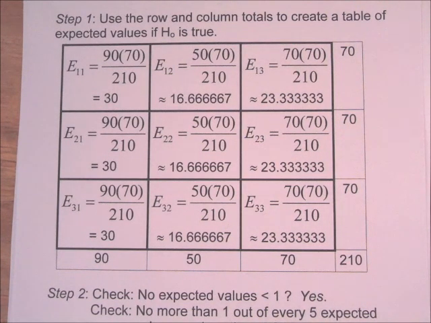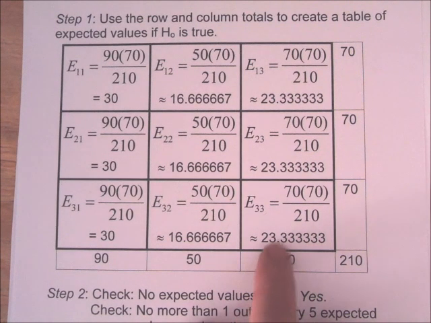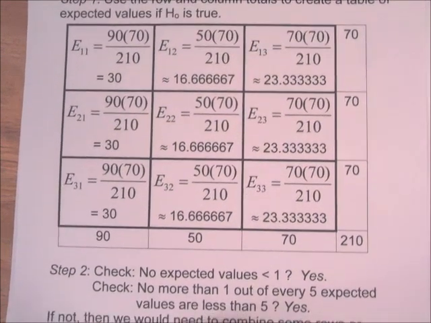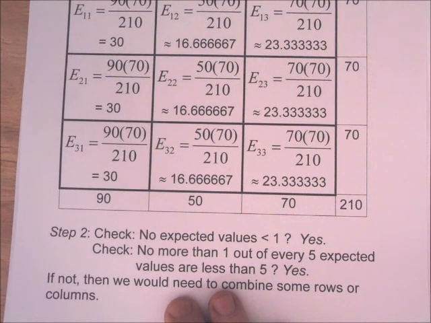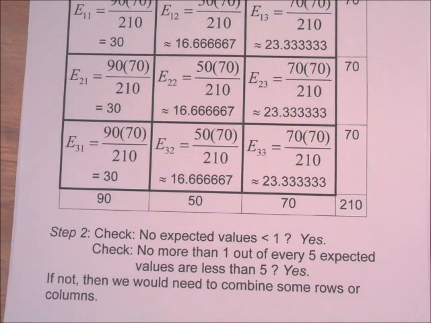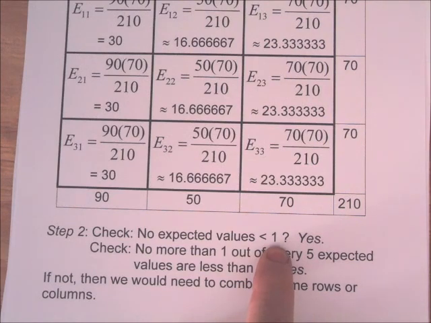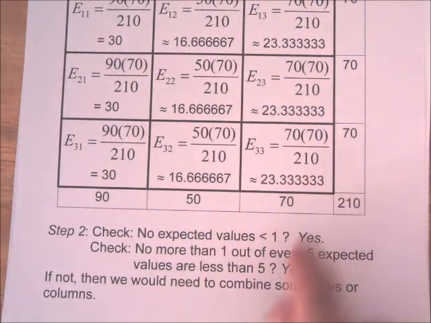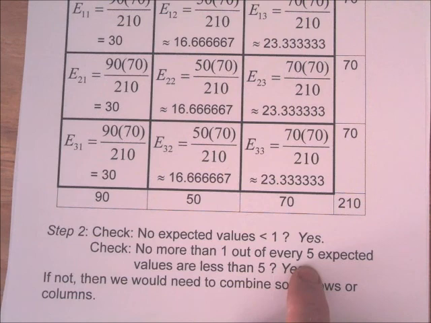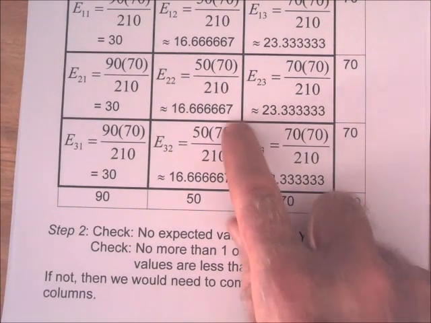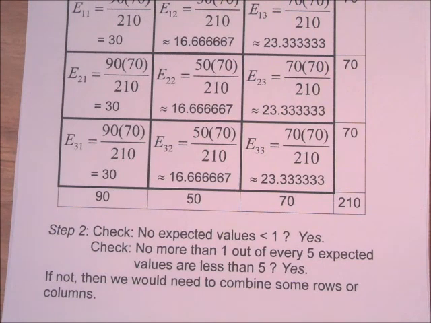So these are our expected values if H0 is true, and then we want to check that none of the expected values are less than 1, and that's true, and no more than 1 out of every 5 are less than 5, and in fact none of them are less than 5. All of our expected values are at least 5.